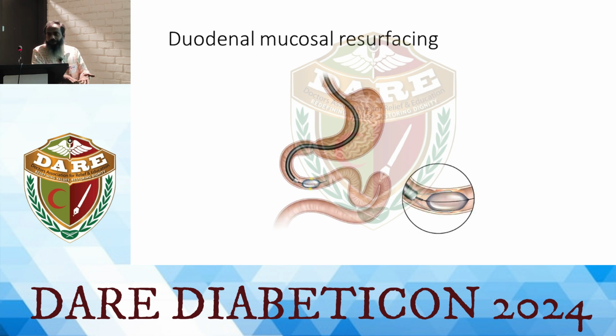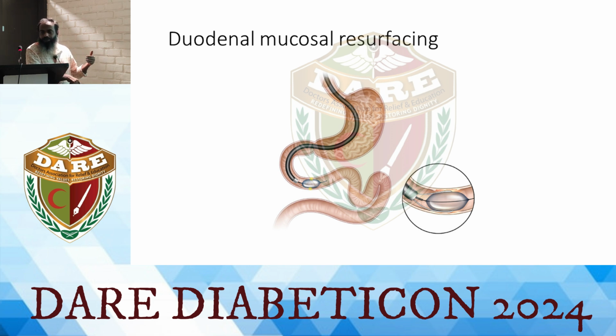Coming to the endoscopic options, because I'm a gastroenterologist, we'll be going into that, but this evidence is not robust. But there are a few encouraging things wherein endoscopic ablation of the duodenal mucosa is done, and once the resurfacing of the mucosa happens, it acts more or less like a bypass by bariatric surgery.